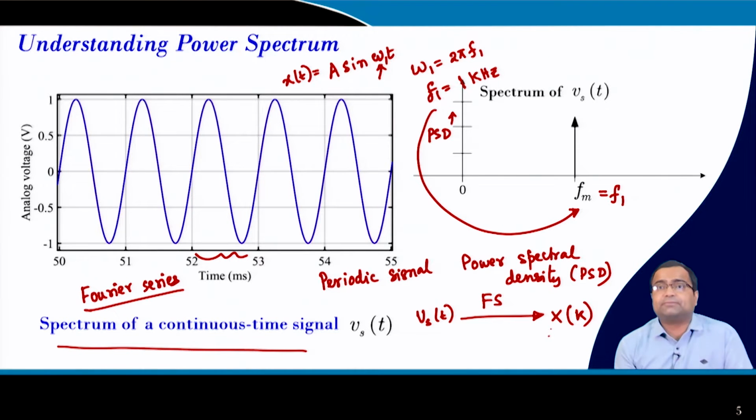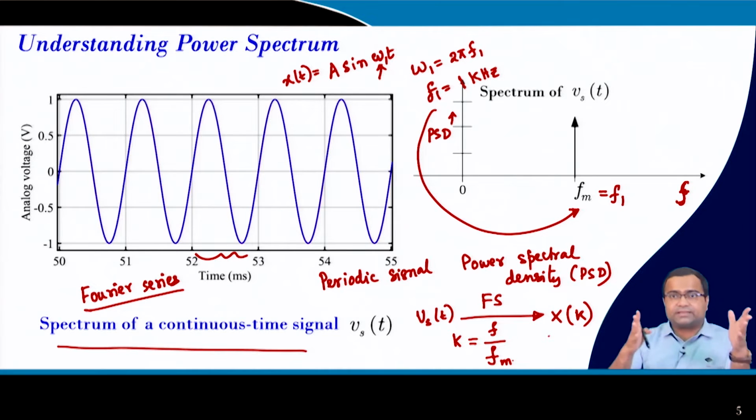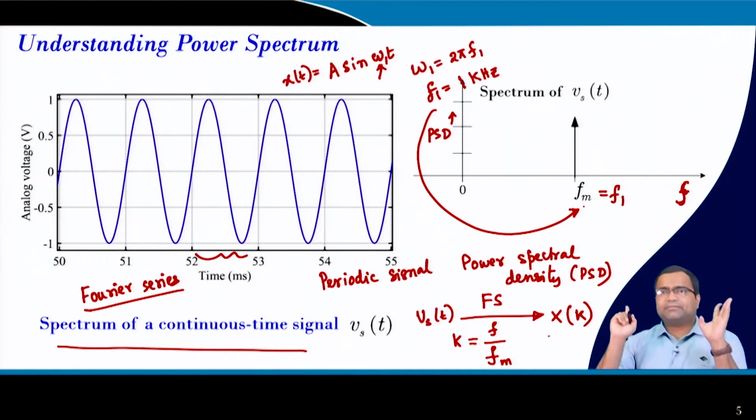X of k is the Fourier series of Vs of t, where k corresponds to f divided by your modulating frequency, or basically the periodic frequency, which is fixed. And here you will get f by fm equal to 1, because it has only one frequency component, that is the fundamental.